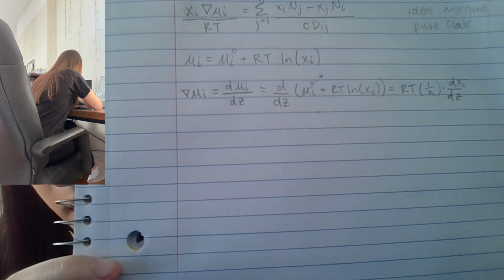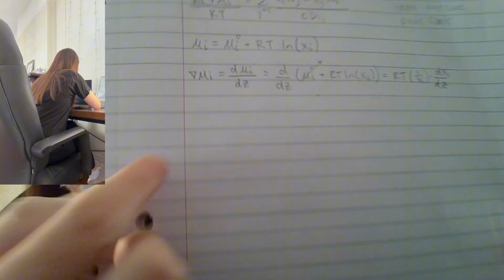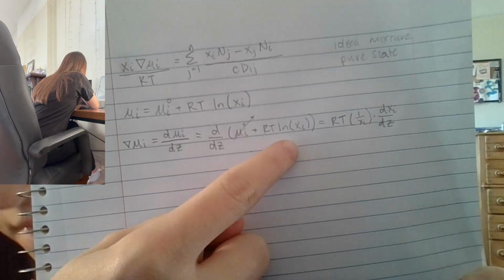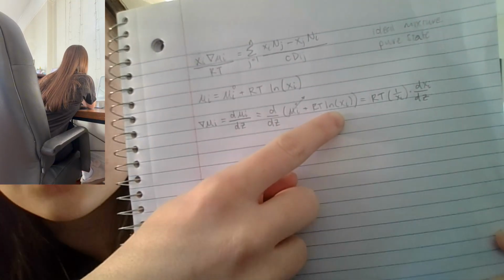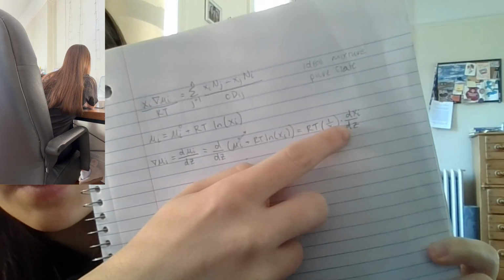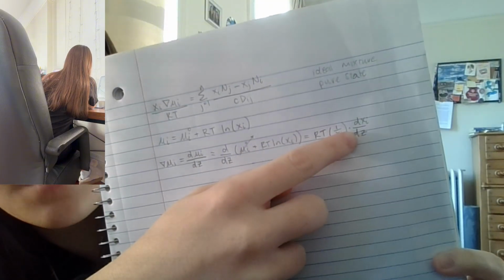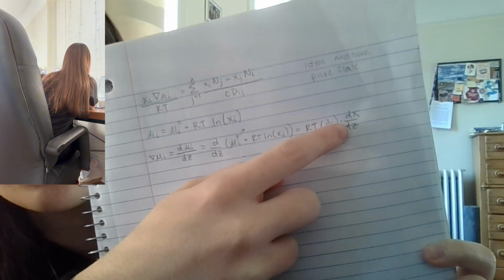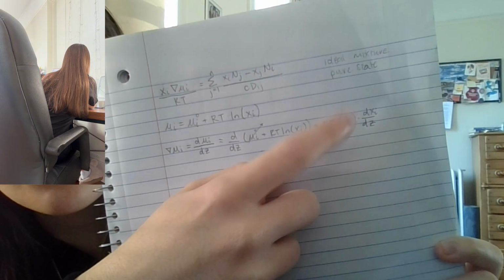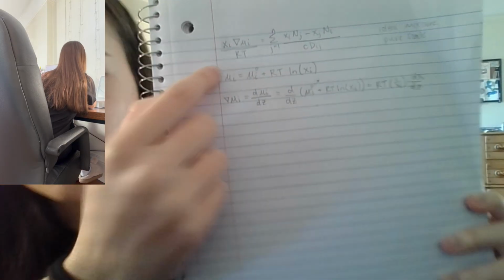I can show you here how this has simplified. We took that derivative of xi because the mole fraction is what would be changing in this equation, still with respect to the change in position. Now we're going to take this and plug it back into our original equation.